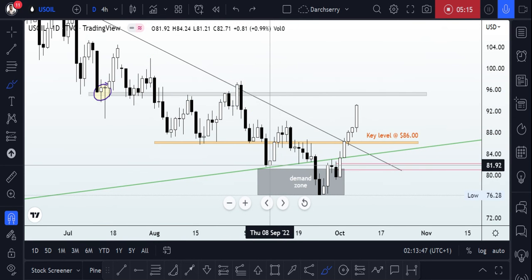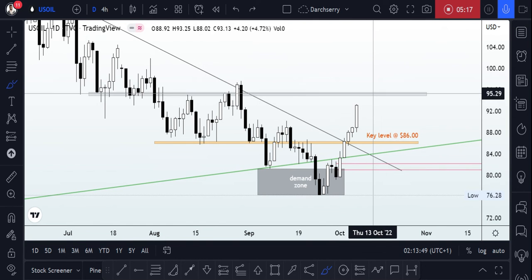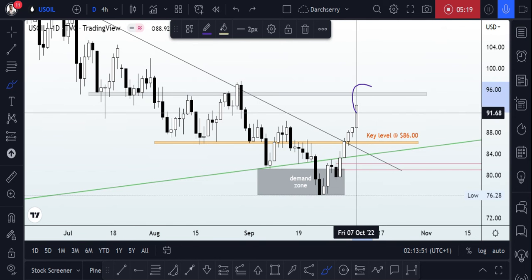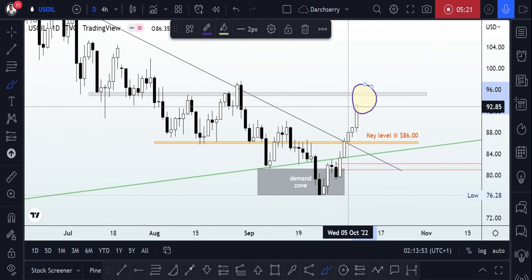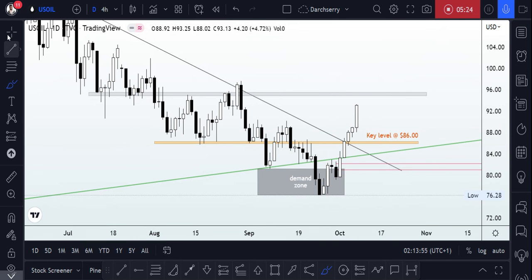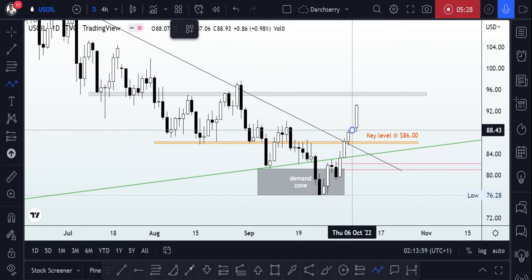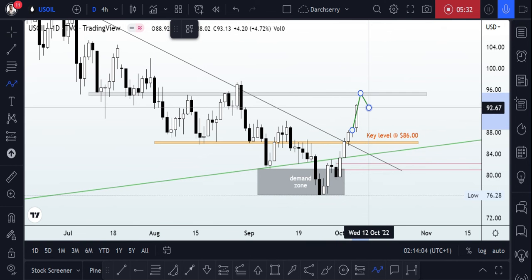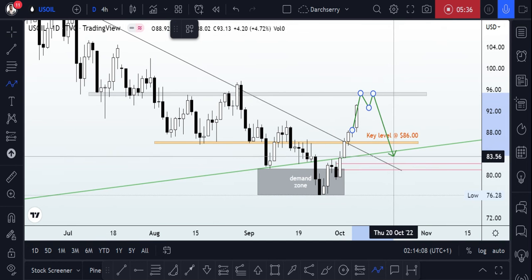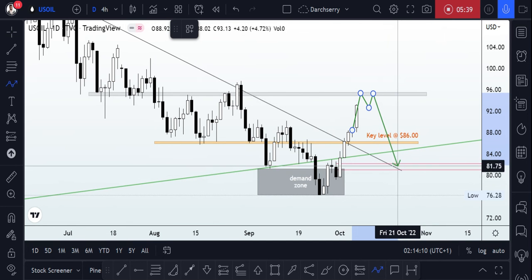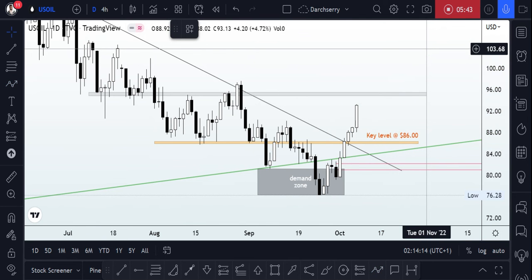Now, with this information we have here, we need to look at how price is going to be relating to this area going into the new week. So there are two possibilities I'm looking forward to here. The first scenario is there is a likelihood that price might come into this level, and then we could be seeing multiple rejection of this area, probably evolve into a reversal pattern that will be sending price to the downside, or probably coming back into the key level here before that bullish move to the upside happens.